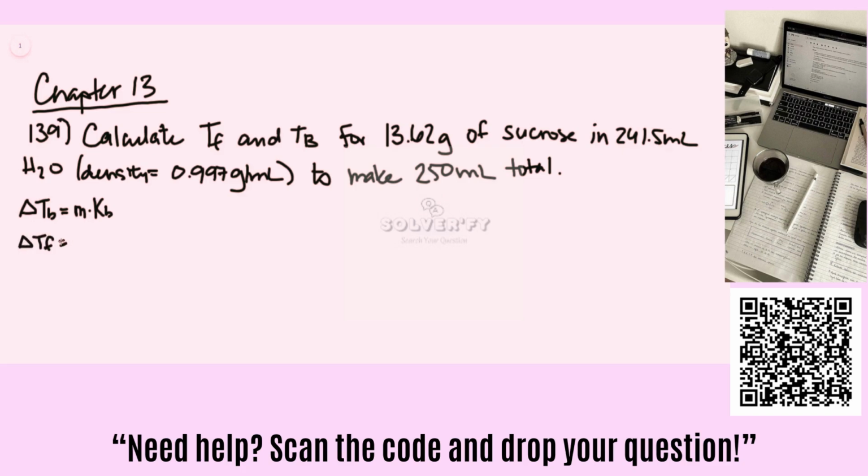And then the freezing point is very much the same, molality times that freezing point constant. So for aqueous solutions, this K here for boiling is 0.512 degrees Celsius per molal. And then for the freezing point, it's 1.86.